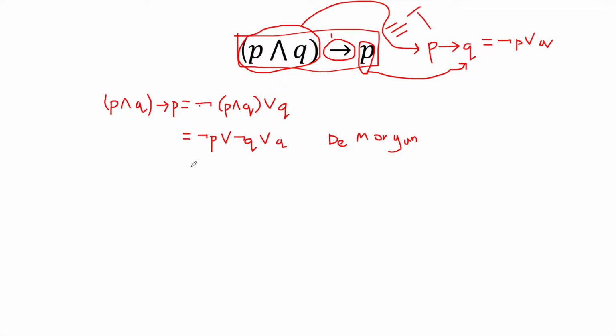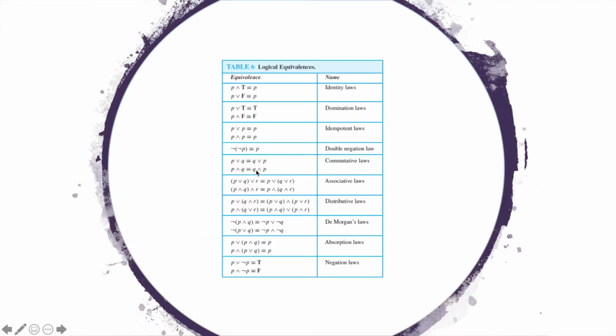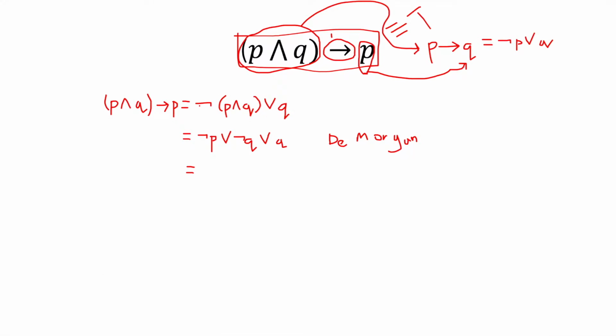And then from here, you can have the bracket here and you can group the Q and Q here.